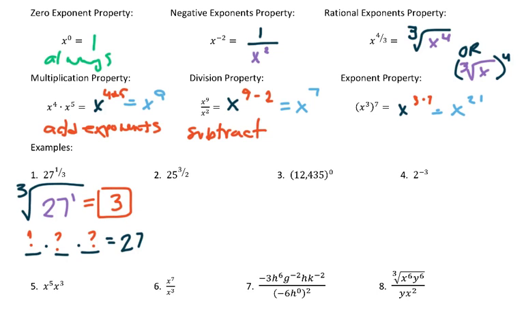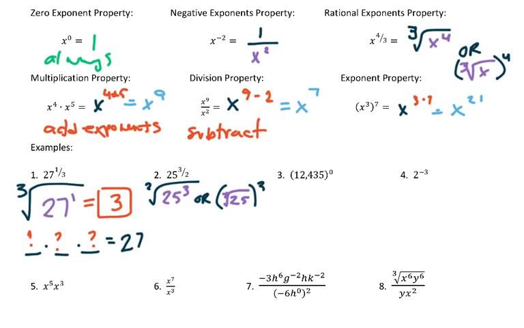Alright, the next one is going to have 25, and it's being brought to the 3/2 power. So remember that there are two ways of doing this. You can either write 25 to the 3rd power, and then take the square root of that. Or you can do the other way, which is the more helpful way in this case. So I'm going to do the square root of 25 first, because hopefully we know that's going to be 5.